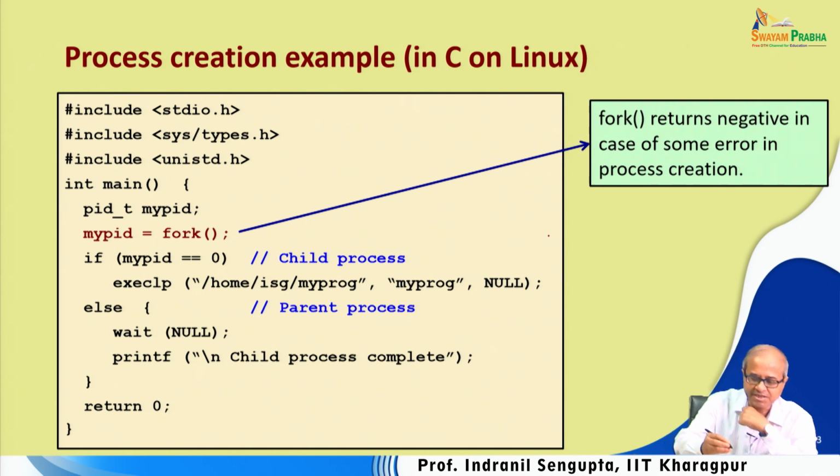Normally in a C program, in the beginning we include the standard IO library stdio.h, but here for using fork you will have to use 2 more libraries. One is sys/types.h, the other is unistd.h. This fork is actually part of unistd.h, and in sys/types.h some new data types are defined.